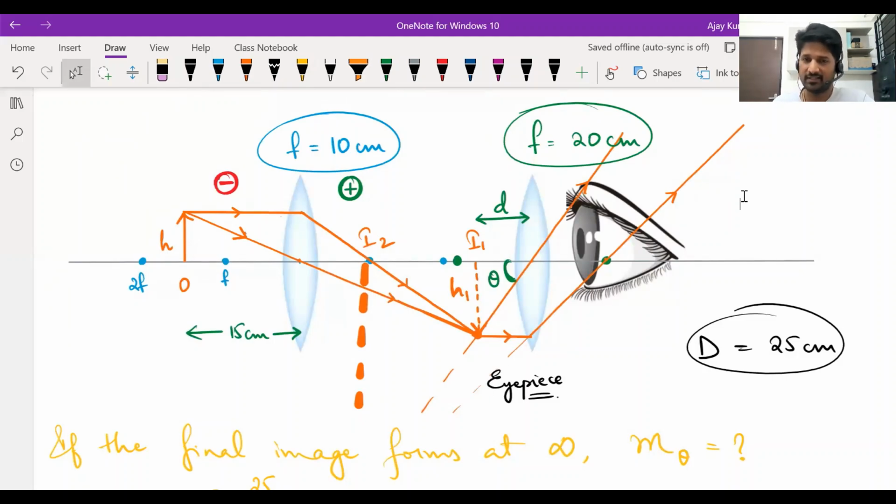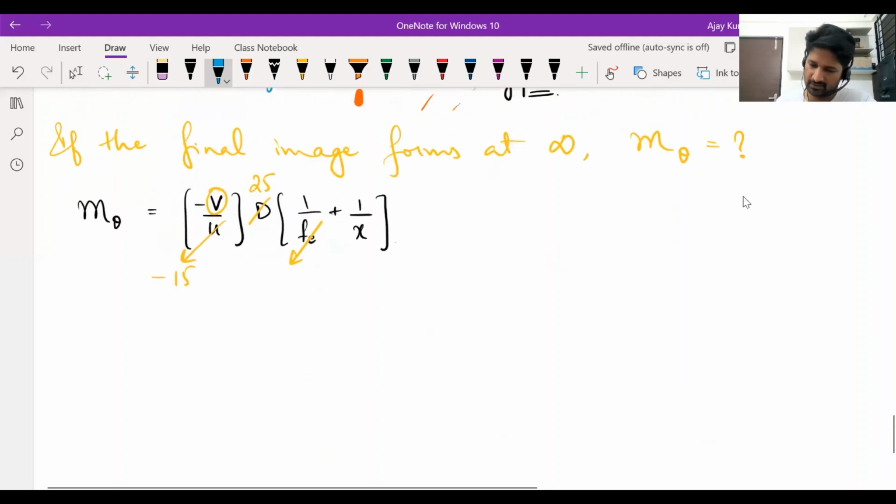Look at the diagram clearly and tell. Oh, yeah, 20. The lens which is closer to the object is called the objective. The other lens is called the eyepiece, 20 centimeters. Where do we want the final image to form? At infinity. Okay.